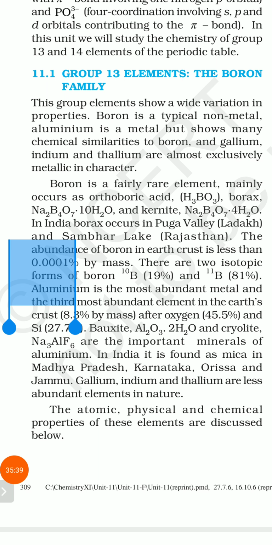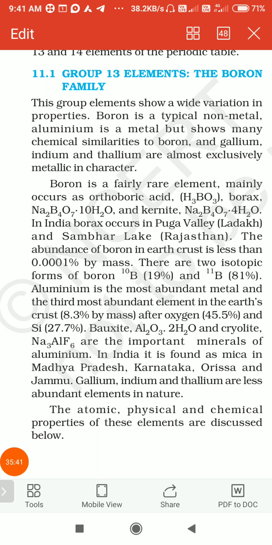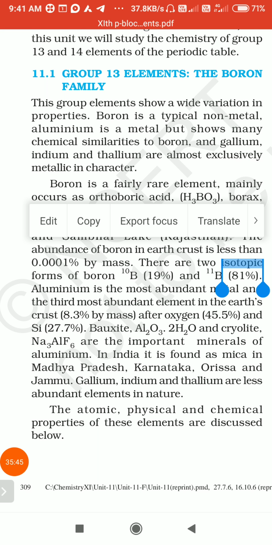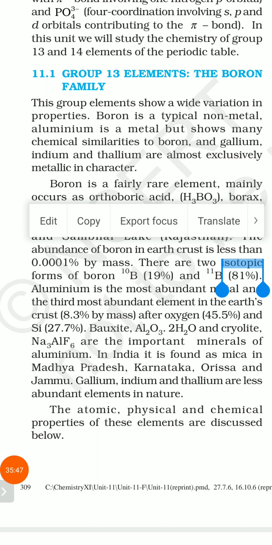Right. In boron, totally how many isotopic forms are available? Two isotopic forms are available. One is boron 10, another one is boron 11. What is meant by isotope?